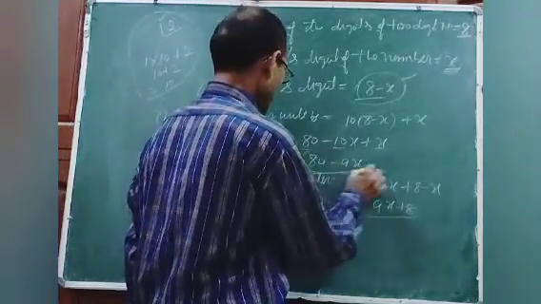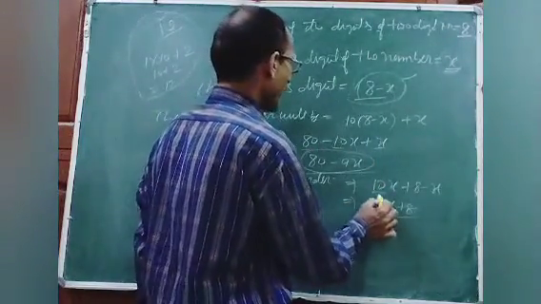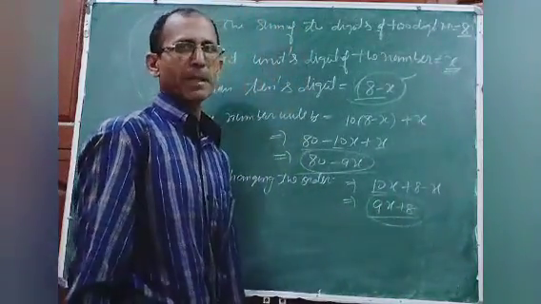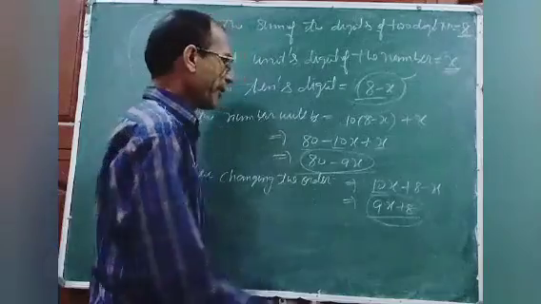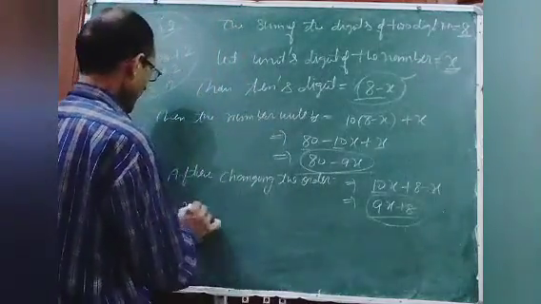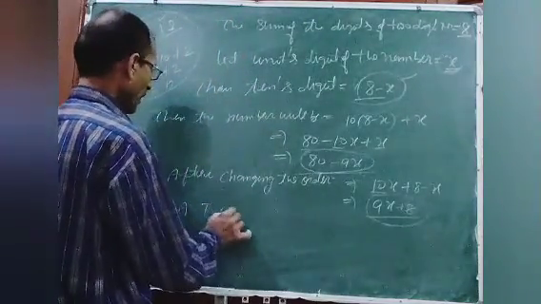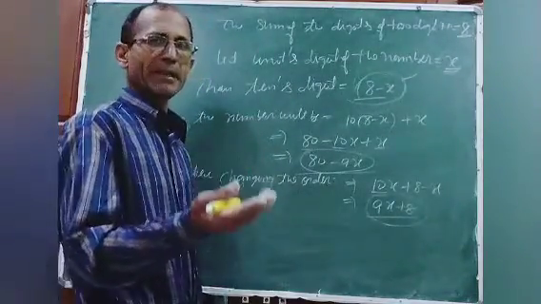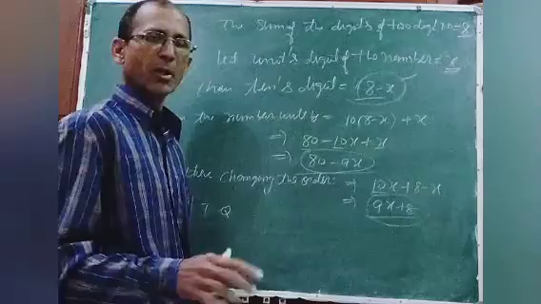Original number is 80 minus 9x and after reversing the order, new number is 9x plus 8. Now according to the question, or according to the given condition, you can write anything, no problem.